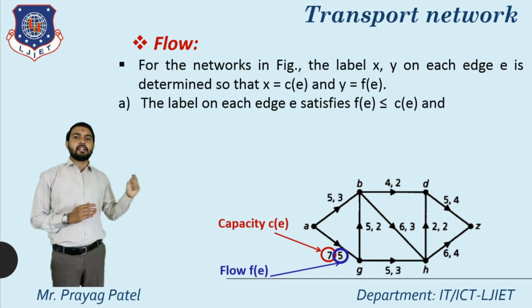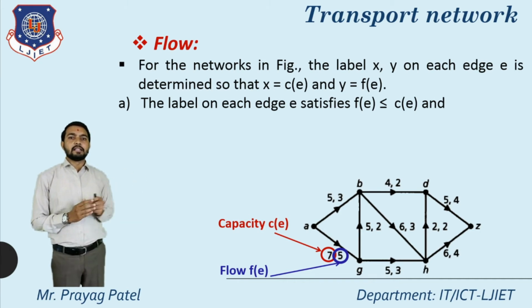So 5 is less than 7, 3 is less than 5, 2 is less than 4, 3 is less than 6, 2 is less than 5, 3 is less than 5, 4 is less than 6, 2 is less than or equal to 2, and 4 is less than 5. So we can say that all the conditions are satisfied for this figure.